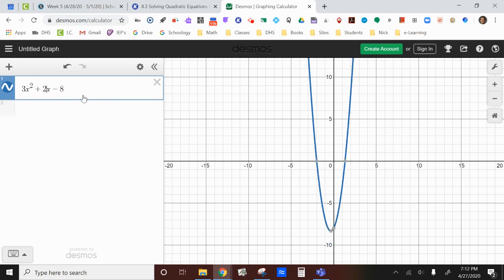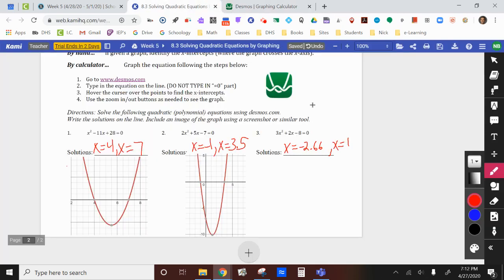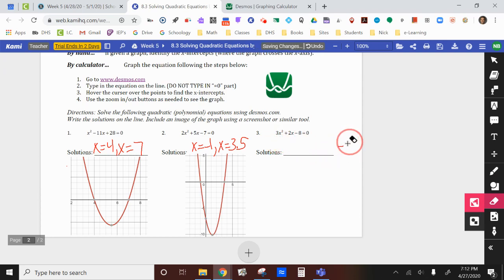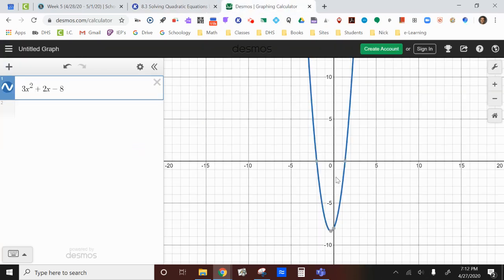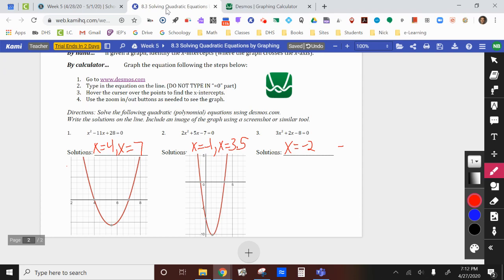It's 3x squared plus 2x minus 8, so I'm sorry about that. We should get x is equal to negative 2 and x is equal to 1.333. Let me erase those. I knew that didn't seem right. So x is equal to negative 2 and x is equal to 1.333.